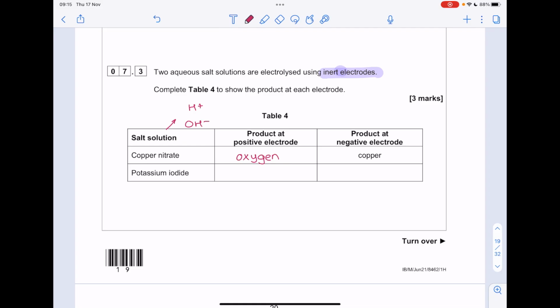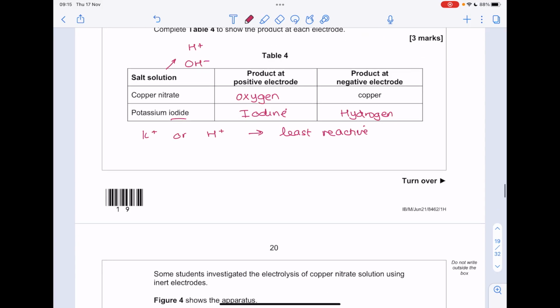And then for potassium iodide, there's the halogen, so we're going to make iodine. But now you need to decide, are you going to make K plus or H plus at the negative electrode? Remember, it's the least reactive element here, which is why it's hydrogen. That is quite hard, actually.